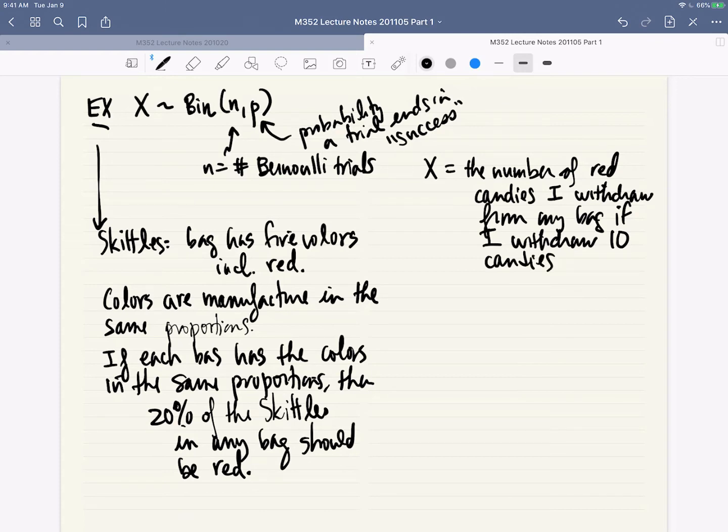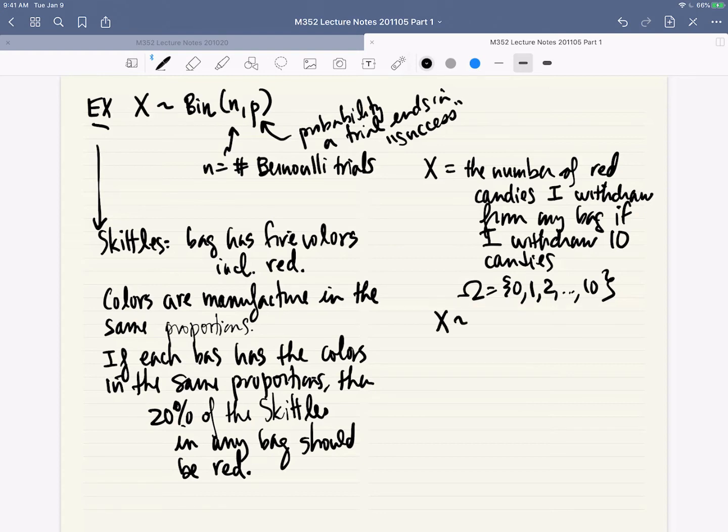So I'm going to take out 10 candies and ask what's the number of candies that are red. My sample space here, of course, is the set of numbers from 0 to 10. Those are any of the possible outcomes.